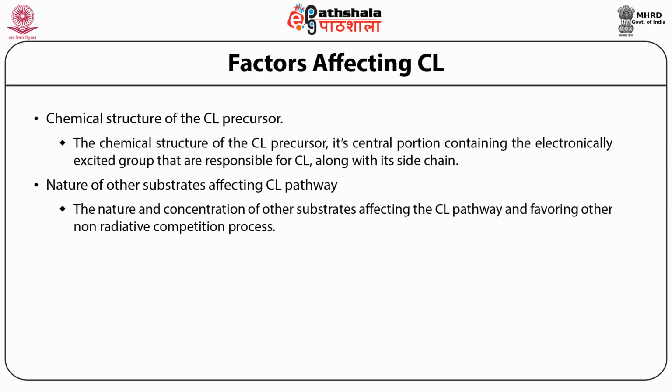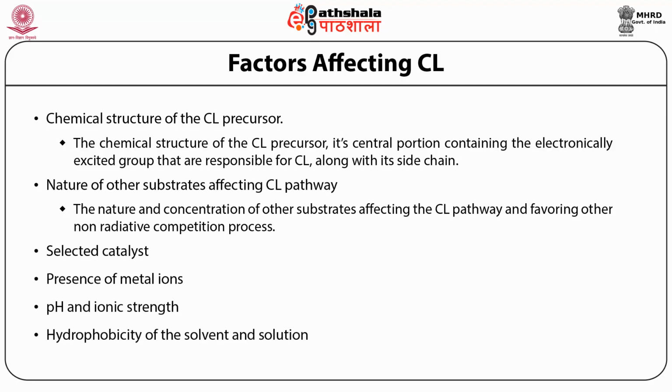Other factors are environmental factors, for example, catalyst, use of metal ions, the pH and ionic strength of the chemical reaction system, the hydrophobicity of the solvent and solution, and presence or absence of other transfer acceptors. The nature of solvent, like hydrophobicity, and composition of solution.